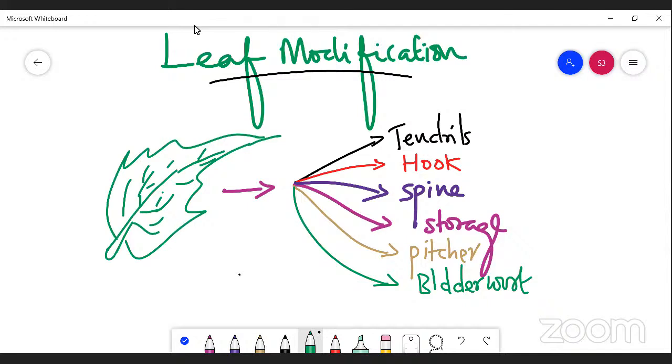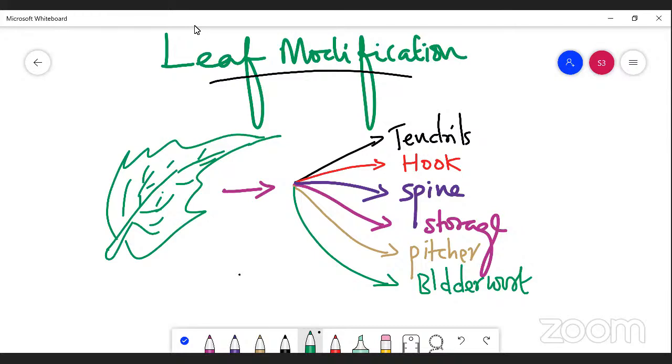Simply, the leaves are modified into several categories. The first one is tendrils. Second is hook-like structure. Third is spine. The fourth is storage, in order to store water and food material. To store all those things, the leaves are modified into bag-like structures.